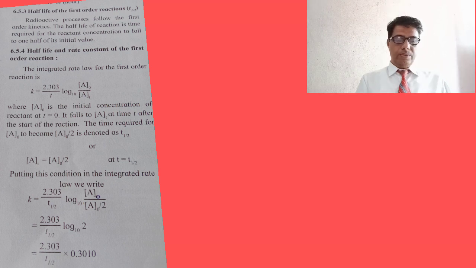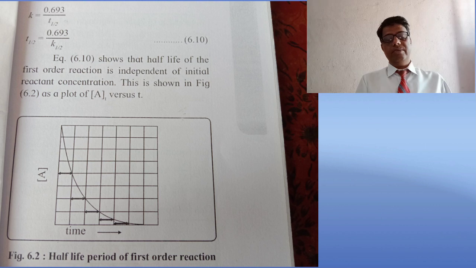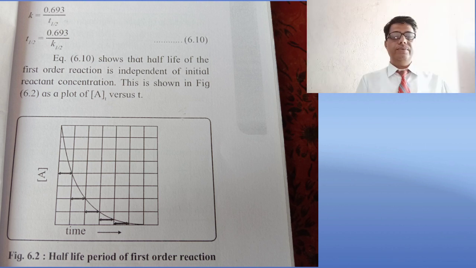Now we multiply 2.303 into 0.3010, and it becomes 0.693. So the equation becomes k is equal to 0.693 upon T half. We rearrange the equation, shifting T half to the left and k to the right side. So the equation becomes T half is equal to 0.693 upon k.